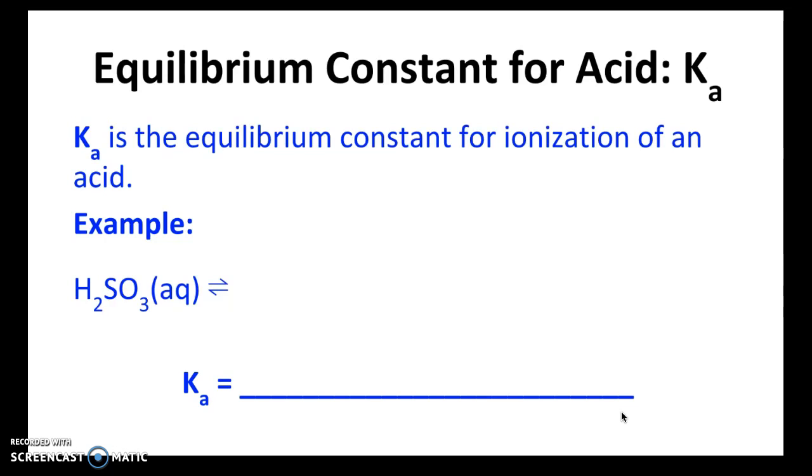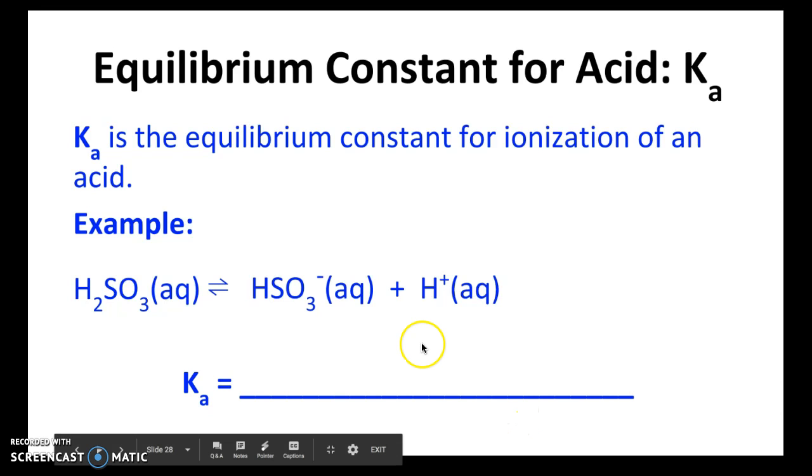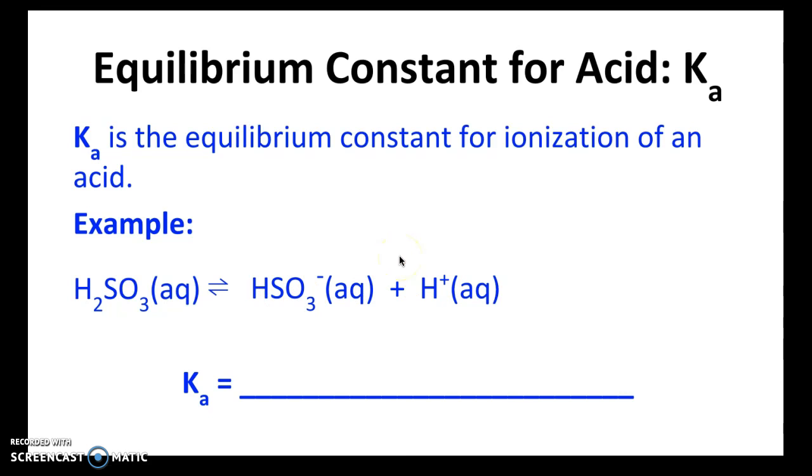Okay, so when H2SO3 ionizes, it forms HSO3 minus and H plus. Now, if you wrote the product as SO3 2 minus plus 2H plus, that's not correct, because remember, weak acids break down one proton at a time.